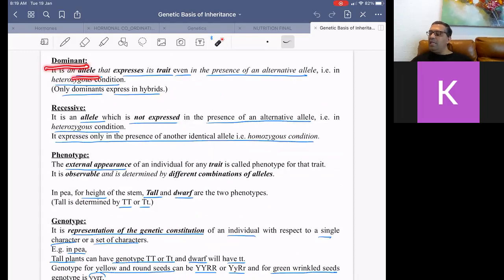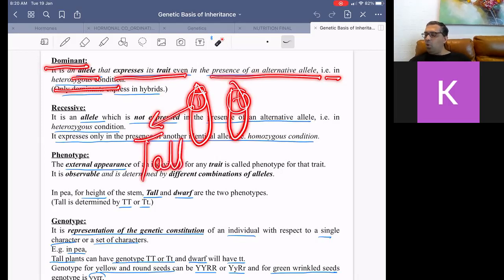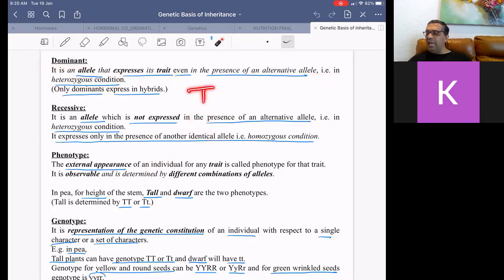Dominant: the allele that expresses a trait even in the presence of an alternative allele in a heterozygous condition. So capital T and small t are both alleles, and capital T will express and the plant will become tall. Even in the presence of small t, capital T expresses in the heterozygous condition, so it is called dominant.